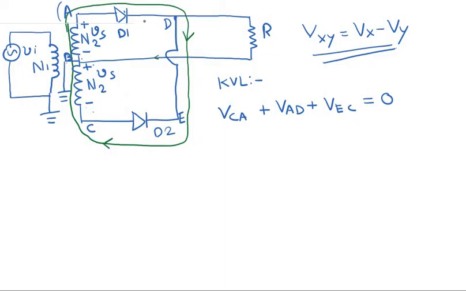Okay, so since this diode D1 is actually forward biased, the voltage drop across this diode D1 is basically V gamma.